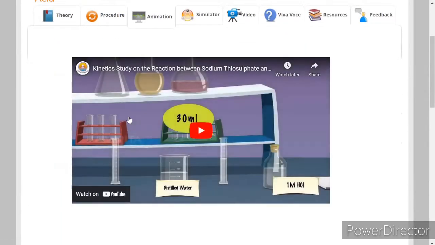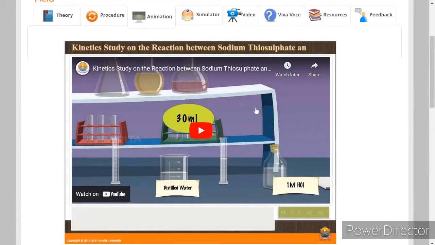Here, there is a video of the experiment simulation, and we will see the form of the materials, the tools, and the experiment in virtual form. After that, it makes us more ready to do the simulation.